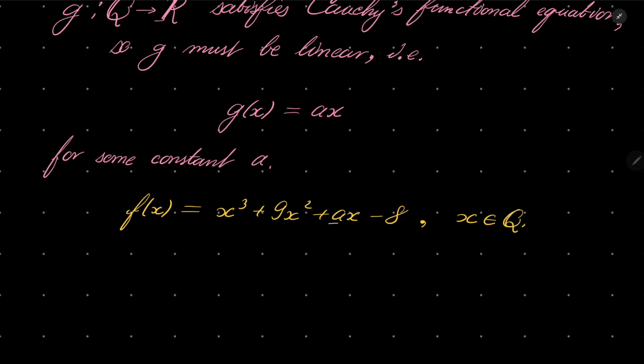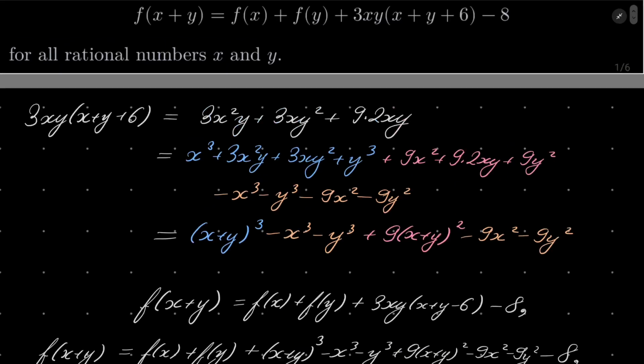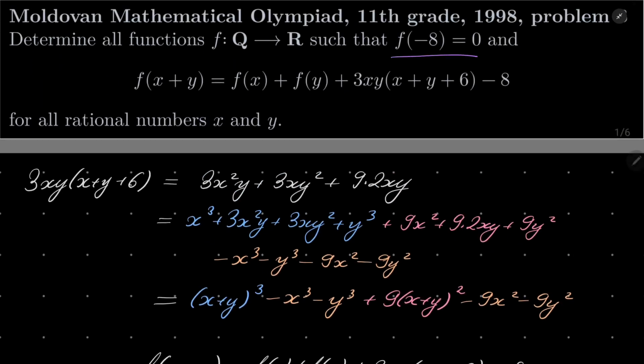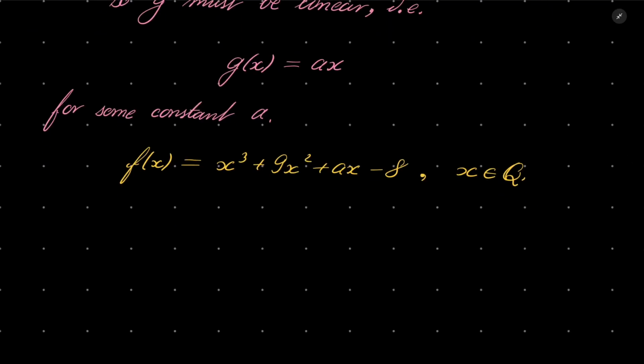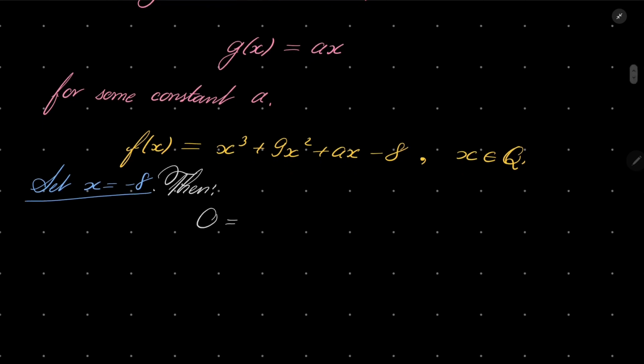But now we have one unknown parameter. We don't know a yet. How can we know what a is? Well, we can use our initial condition that f of minus 8 equals 0. So let's set x to be equal to minus 8. Then we have the following. 0 equals minus 8 cubed plus 9 times minus 8 squared plus a times minus 8 minus 8.